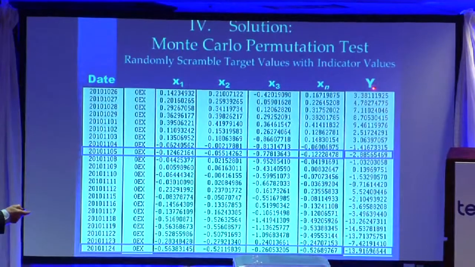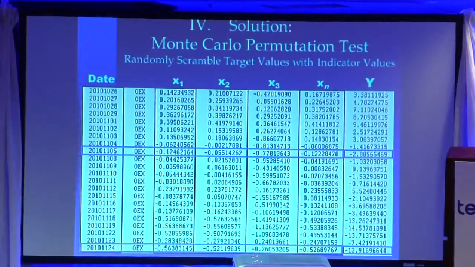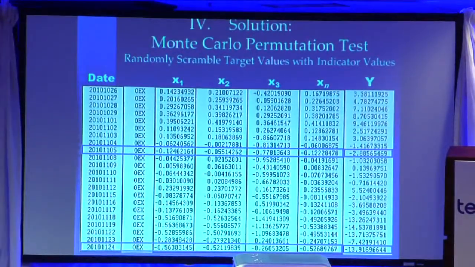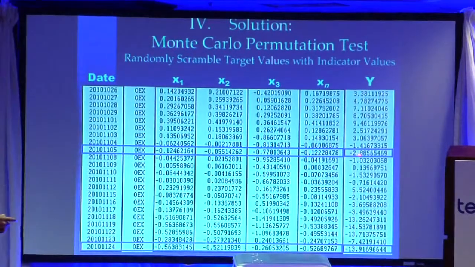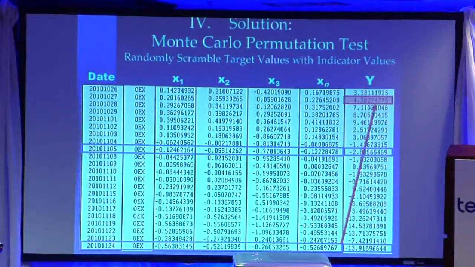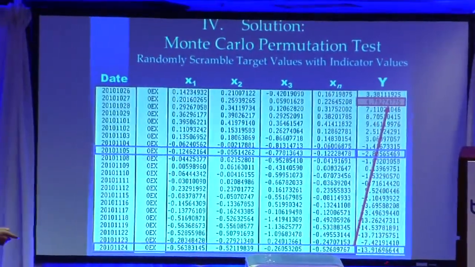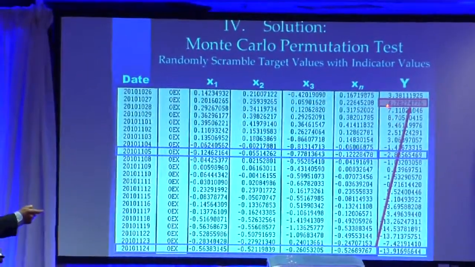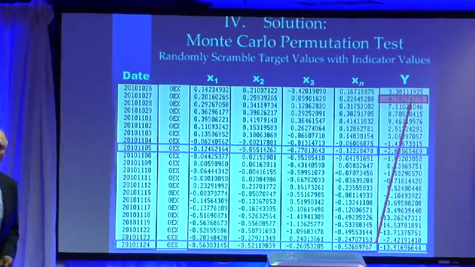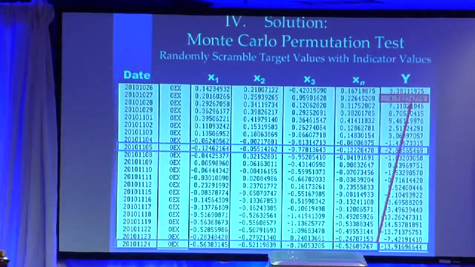Then there's your dependent variable, the thing you're trying to predict. And all you do is you randomly scramble the x vector with the target. So in other words, instead of these x values being associated with this target value, it might be randomly associated with that one. And you scramble up the data.